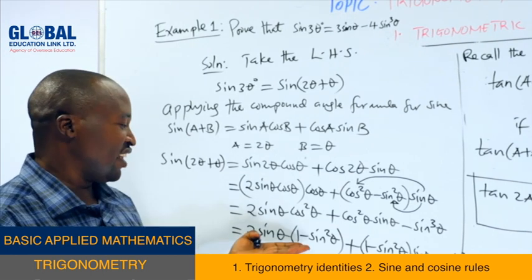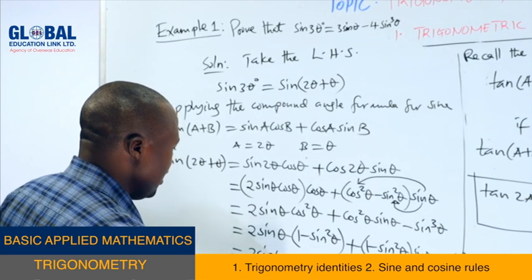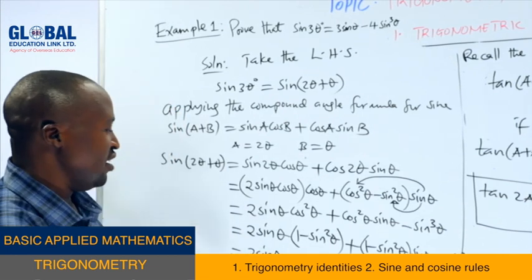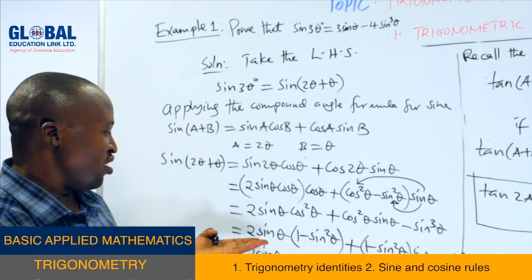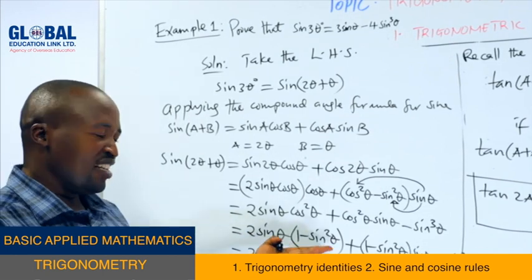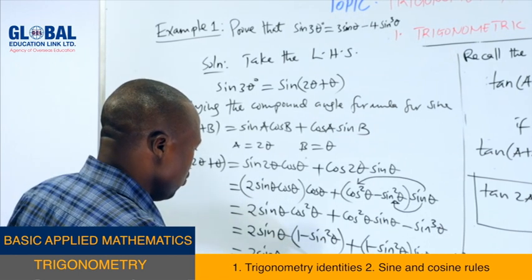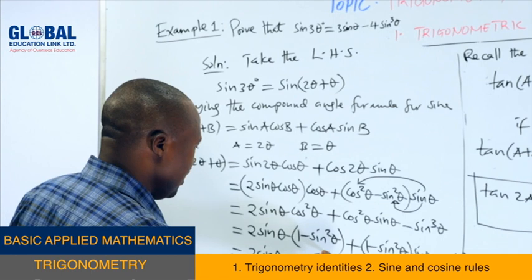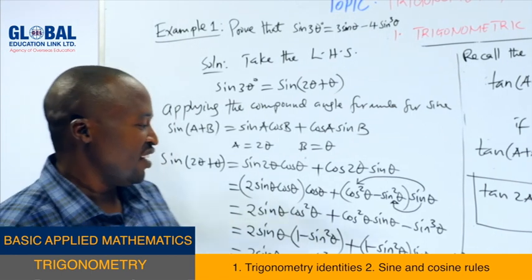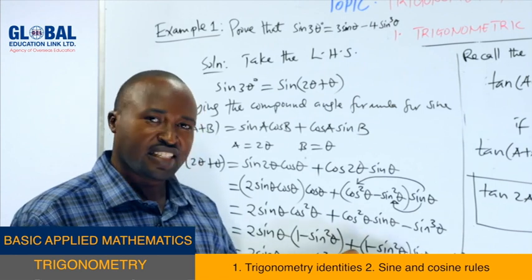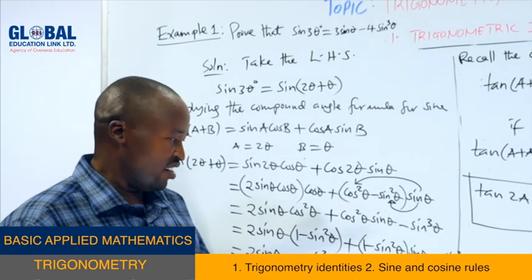Now again, my dear student, we are going to open up the bracket by taking 2 sine theta times 1. That is 2 sine theta. Minus, this time we have 2 sine theta times sine squared theta. That will be 2 sine cubic theta, plus, then again we open up the bracket here, that is sine theta times 1.